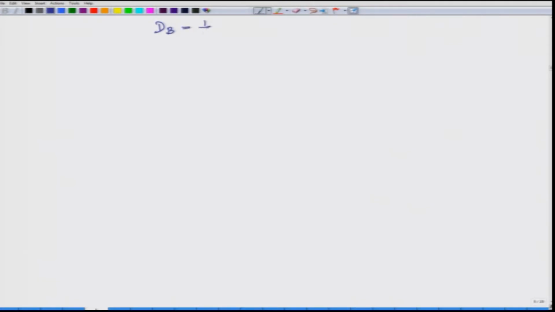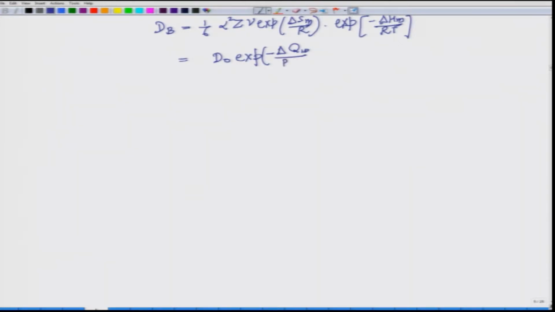This comes out as 1 by 6 alpha square Z nu exp delta Sm by R times exp minus delta Hm by RT, which can now be written as d naught exp minus delta Q ID by RT, where delta Q for interstitial diffusion, written as ID, is equal to delta Hm, meaning the activation enthalpy for migration.